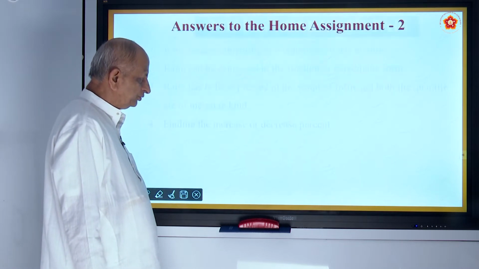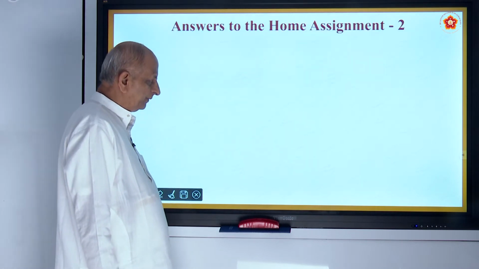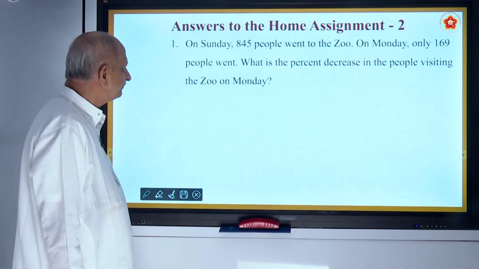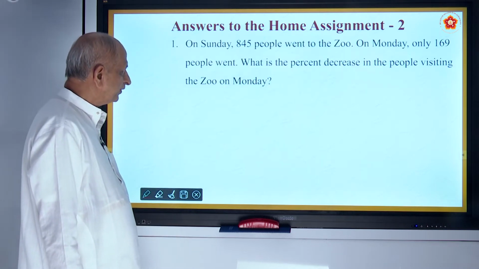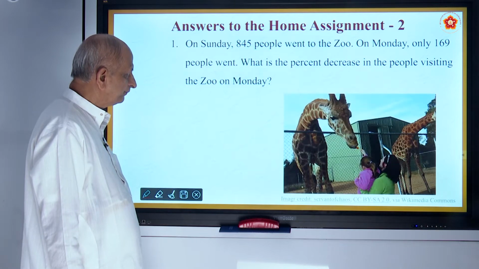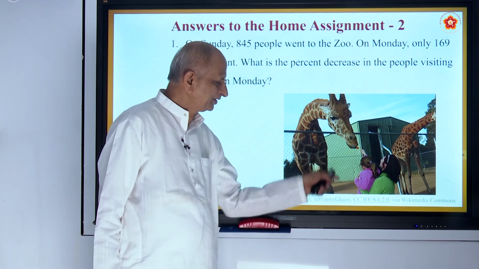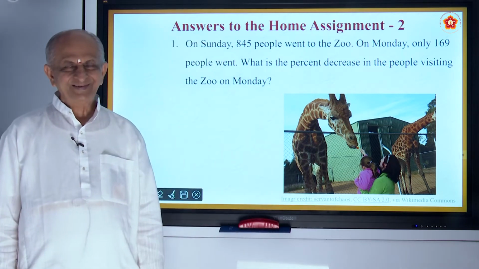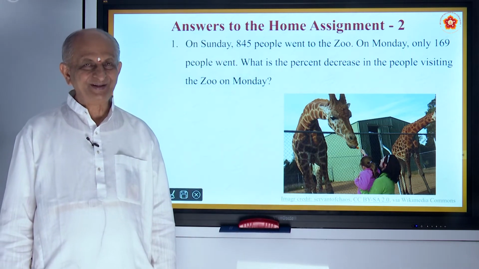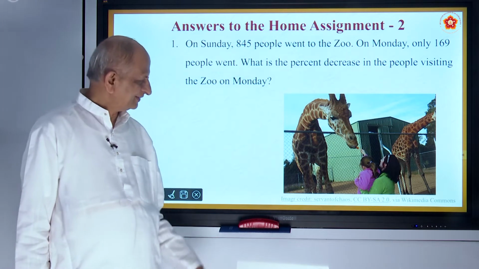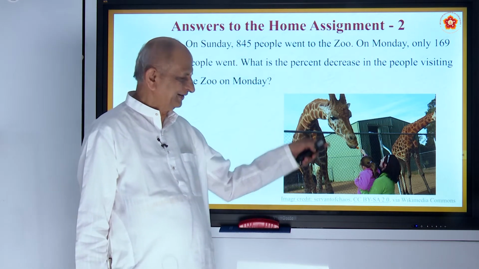Now coming to the home assignment. On Sunday 845 people went to the zoo. See, this is a photo of a zoo. What is this animal called? Anybody? Tallest animal in the world. That's called giraffe.